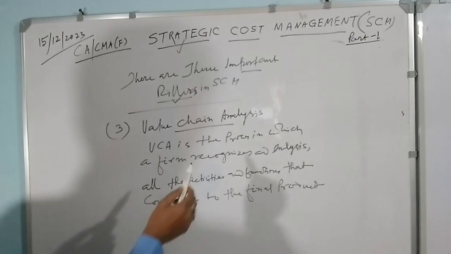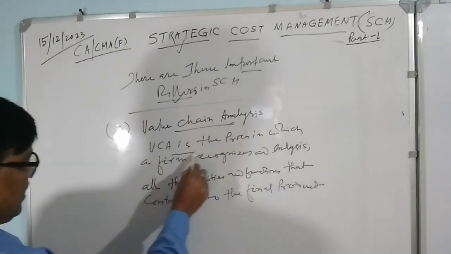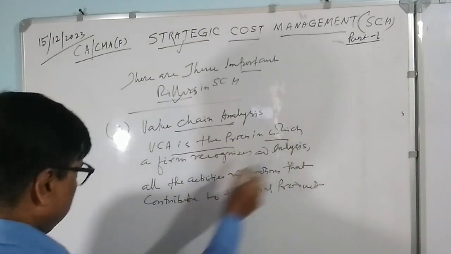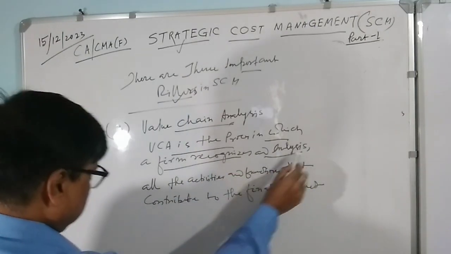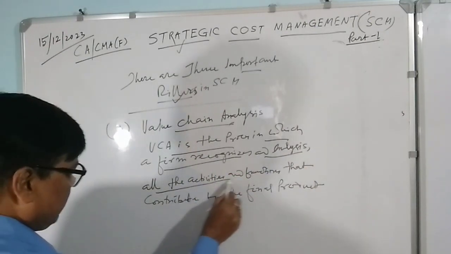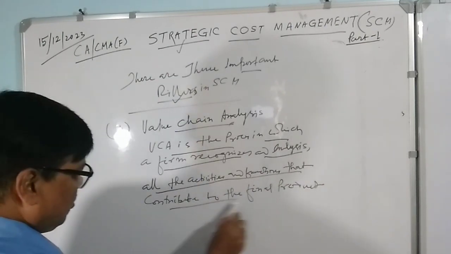See that value chain analysis, VCA, is the process in which a firm recognizes and analyzes all the activities and functions that contribute to the final product.